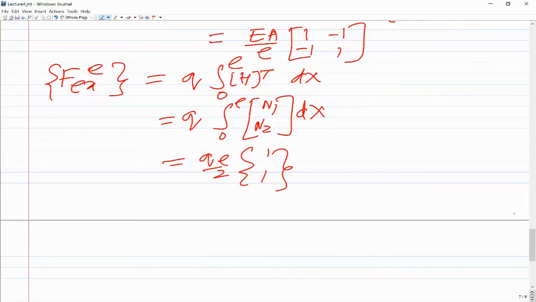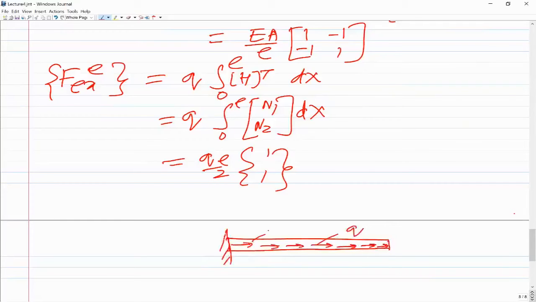So now let us say that we have a rod, and this rod is subjected to a load along the length direction. So this is Q, and we want to solve. Let us say this end is fixed, and this is a distributed force Q, which is constant throughout the rod.